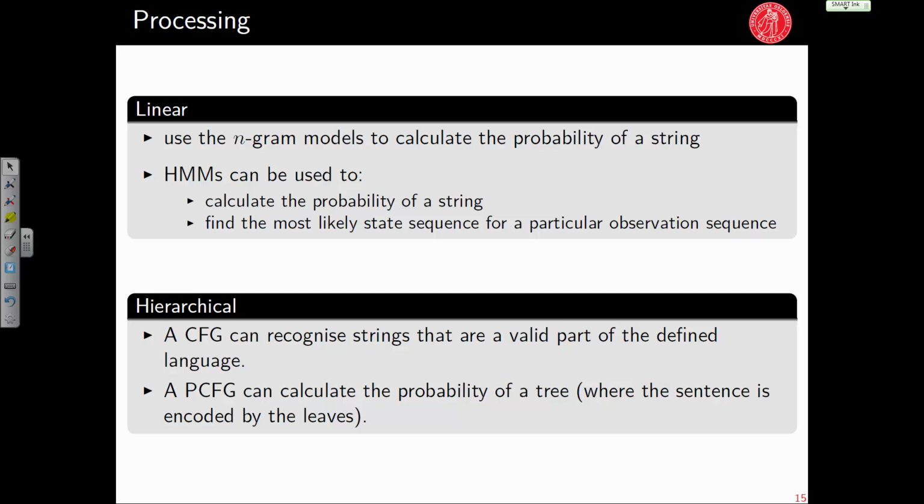Whereas in HMMs, we had to use two types of algorithms, the forward algorithm and the Viterbi algorithm, to achieve two goals. The first one is to calculate the probability of a string. There we use the forward algorithm. To find the most likely sequence of states, we use the Viterbi algorithm.